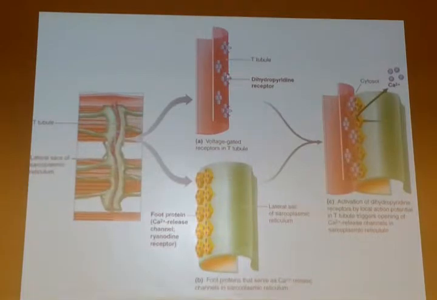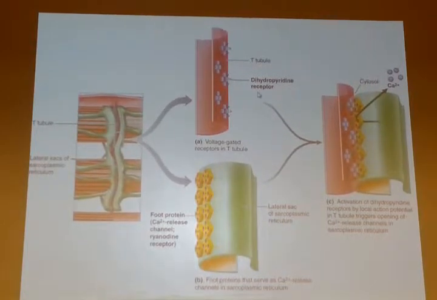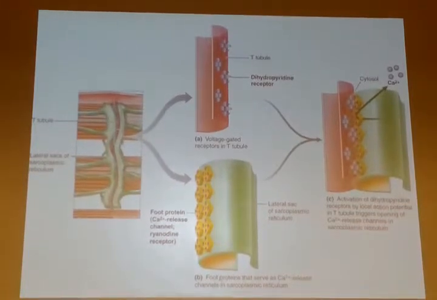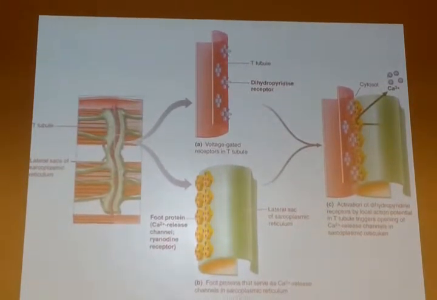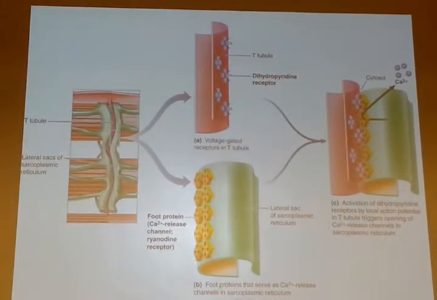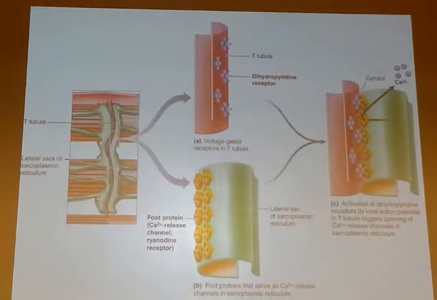And in the T-tubule, when it reaches these molecules that are called dihydropyridine receptors, the action potential activates those protein receptors. They're not dihydropyridine. That's what I thought when I first saw this when I was an undergrad.